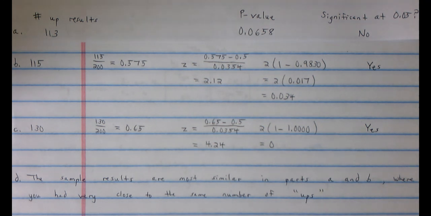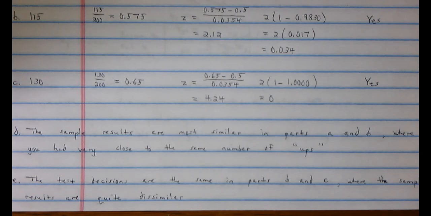But notice in part A, we concluded that this was not significant at an alpha level of 0.05, whereas it was significant in part B. What I'd like to point out in part E is that the test decisions are the same in parts B and C, even though the sample results are quite dissimilar.